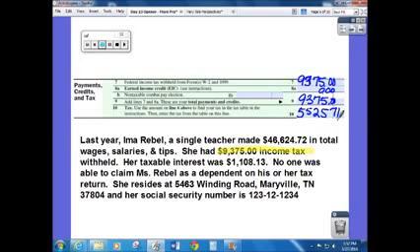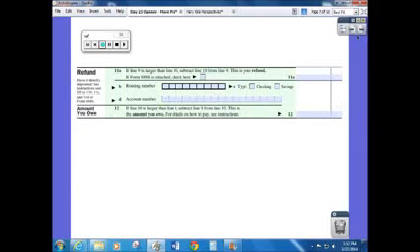$5,525.71. Okay, so what it looks like is we've paid in a little better than $9,000, and our tax liability is $5,500. And so what are we going to do? Are we going to have to pay, or are we going to get a refund here on April 15th? Looks like we're going to get a refund.